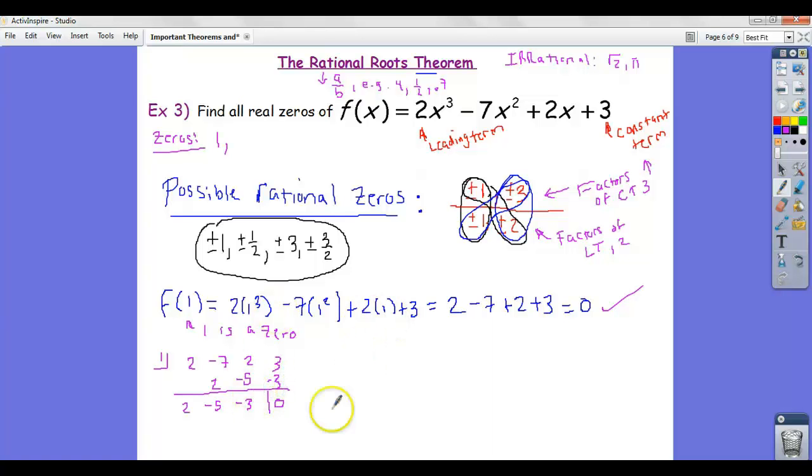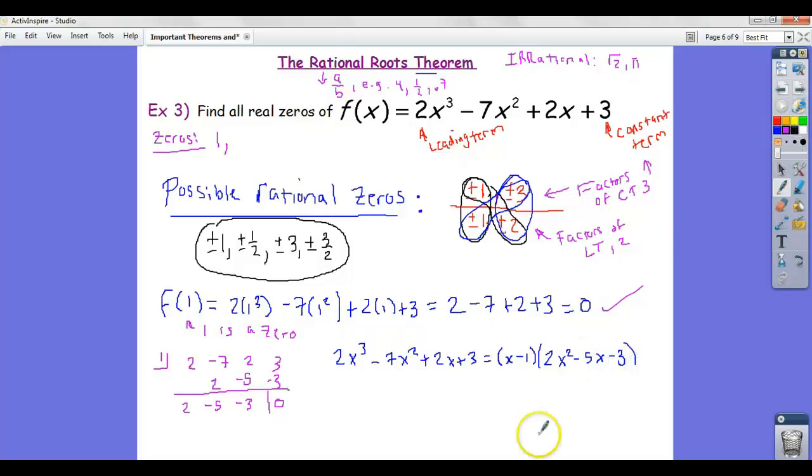This division really means that 2x cubed minus 7x squared plus 2x plus 3, divided by the factor associated with a 0 of 1, x minus 1, gives x minus 1 times 2x squared minus 5x minus 3.